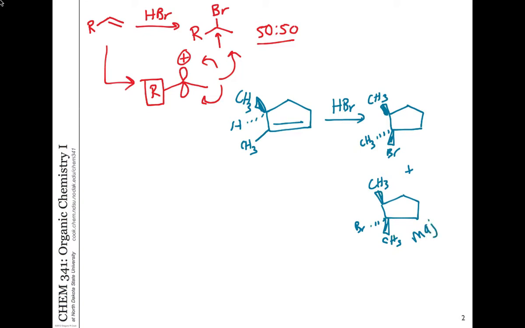It may not be that much major, but you should expect that that one would have a potential to be formed more readily. Why? Because of the intermediate carbocation. Even though the carbocation is planar, I'm going to draw this in a side view.